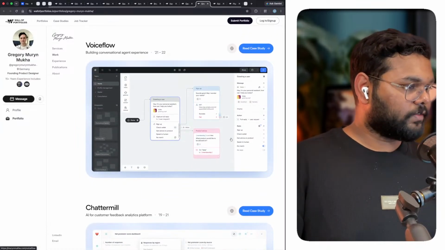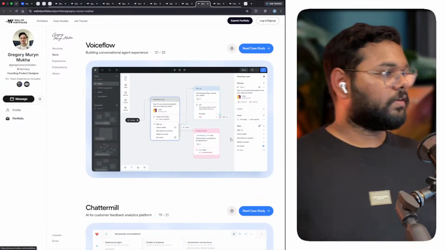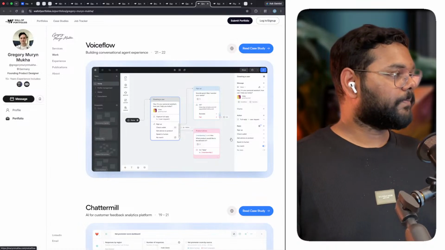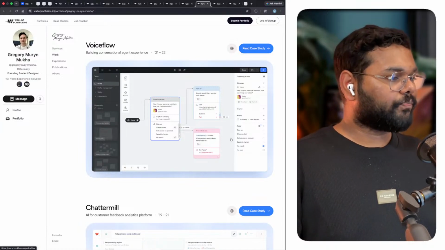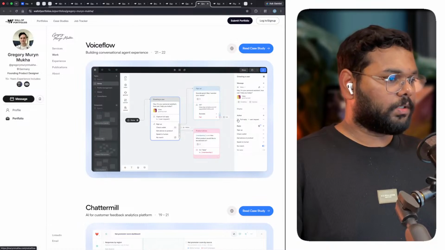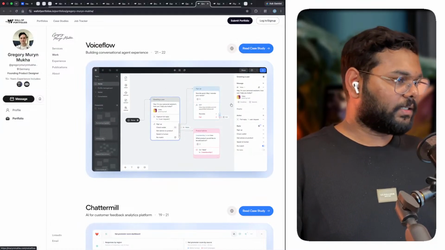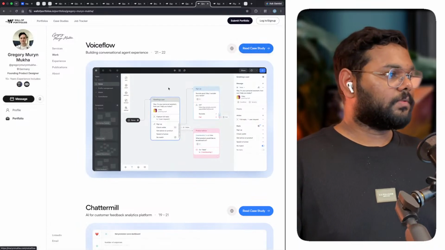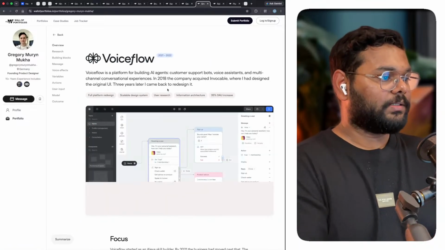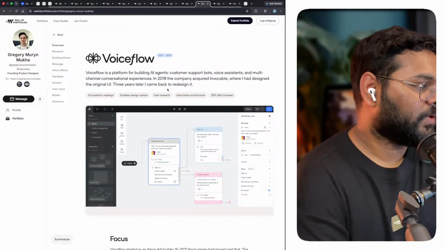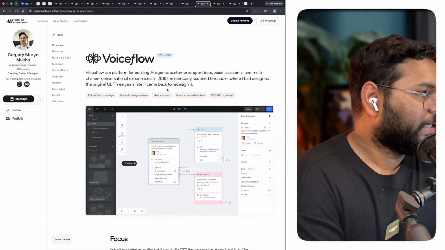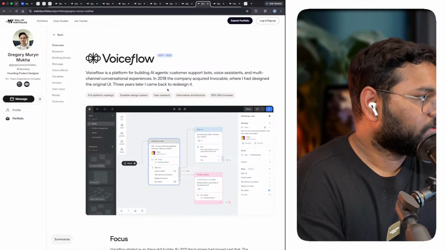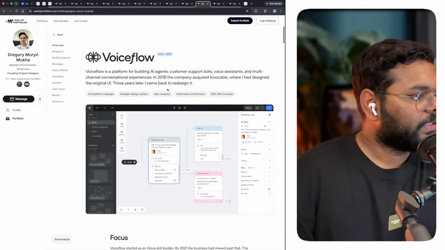Okay, this is Voiceflow, building conversational agent experience. This is good, in fact, because AI is in a lot of limelight, so I definitely want to read about it. Voiceflow is a platform for building AI agents.